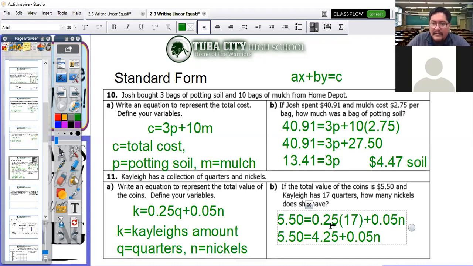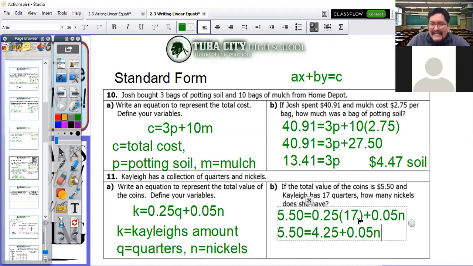Oops, N, not M. And this means I'm going to subtract 425 from both sides, because we know how many quarters she has, so we're going to take that off. We're going to ignore that. So that's going to be 125. If we ignore the quarters, looking at only the nickels, she has $1.25 in nickels.